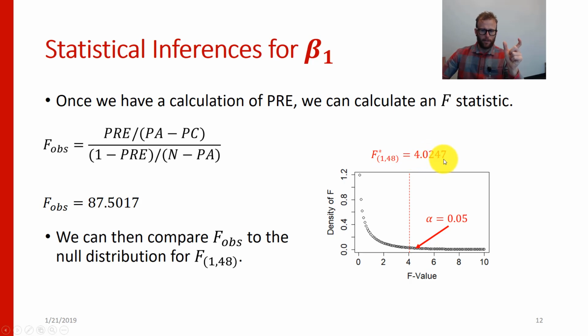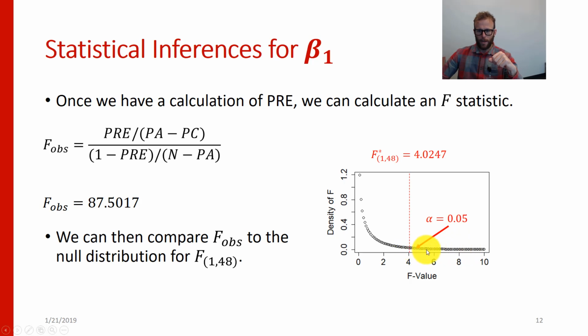And again, the F critical value corresponds to our alpha value. So assuming we set a false positive rate of 0.05, we'd draw that critical line here. Now 95% of the area under the curve is to the left of 4.0247. Only 5% of that is to the right of 4.0247.